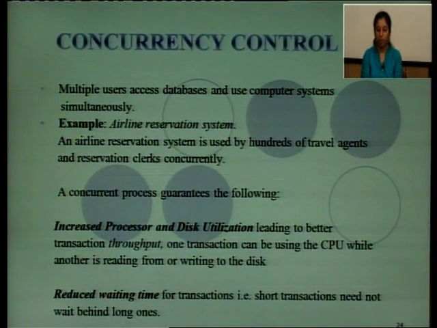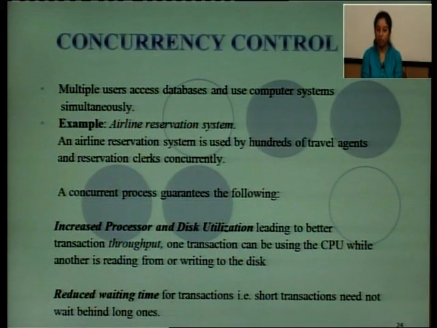Next is the concurrency control stage in our transaction processing. Basically, concurrency control is how transactions can be easily controlled with the help of various control systems. So, first we will discuss what a concurrency control system is. Multiple users access the database and use the computer system simultaneously, for example, an airline reservation system.